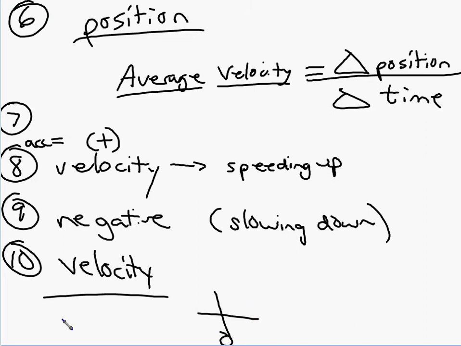Here's 0, here's the x-axis. If this particle starts here and it's moving this way, isn't its velocity positive? So for it to move back to the left, for it to change direction, the velocity has to change signs. Very important.